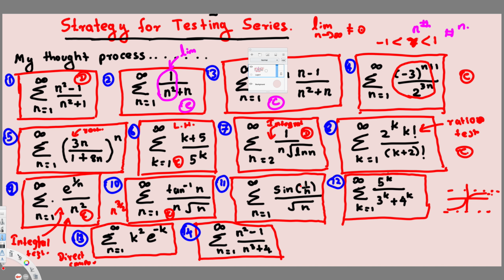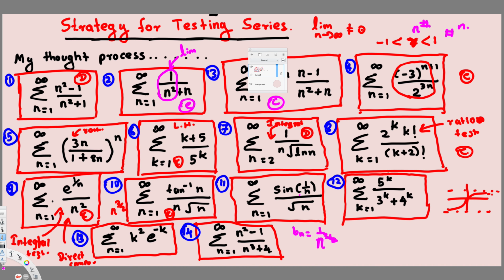Now let's look at this one right here. We have sine of 1 over n over square root of n, and here the b_n value is going to be 1 over n power 3 by 2. You may ask, how did I get 3 by 2? That's a long process.